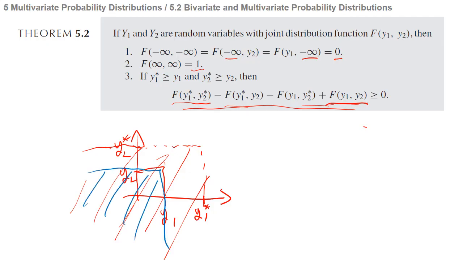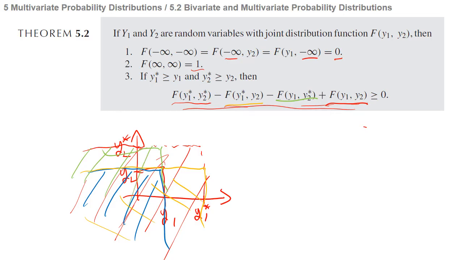And if you take also this one, y1 star and y2, the area is here, and the area for this one is here.